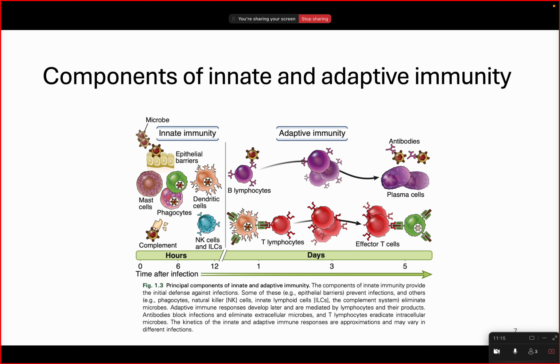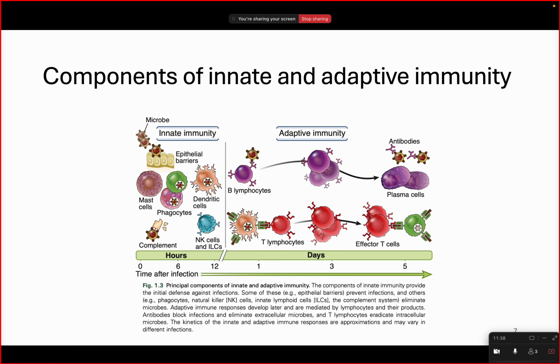Then we saw the components of innate and adaptive immunity. Here you know that in innate immunity, you have physiological barriers, and cells which are just waiting for the microbe to come, and they are not specific, right?